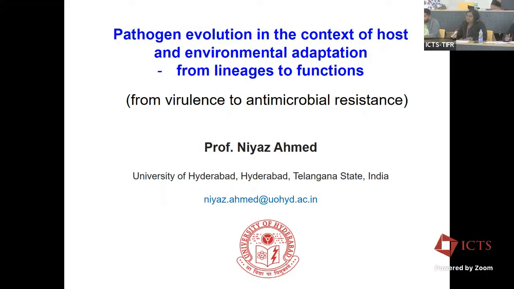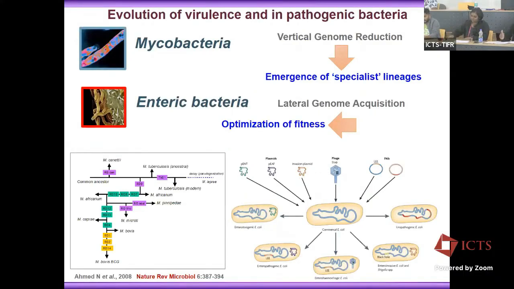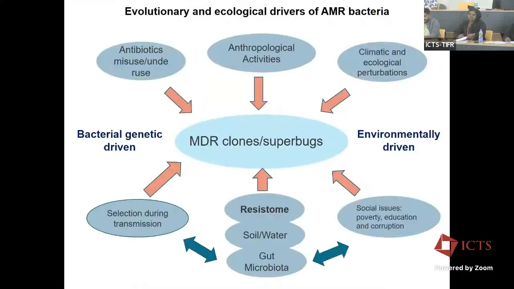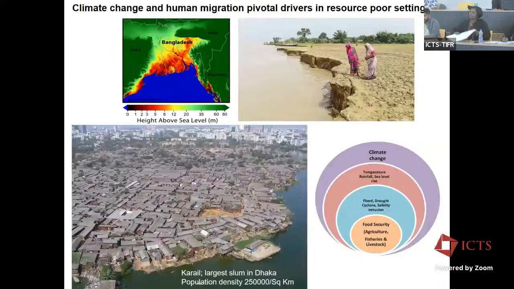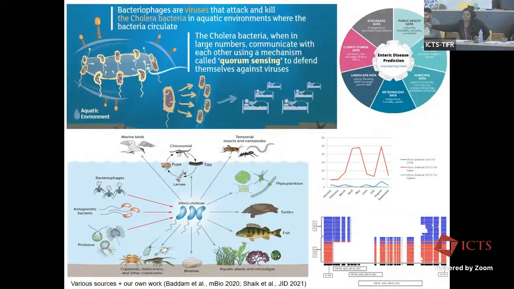Usually in an ecological setting, the cholera bacteria sense whether a phage population is there or not, and how much. The bacteriophages are the viruses that attack and kill the cholera bacteria in the aquatic environments where the bacteria circulate.